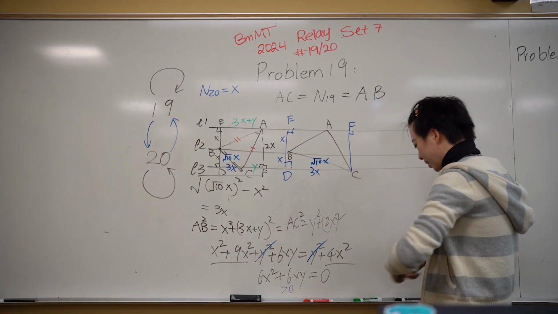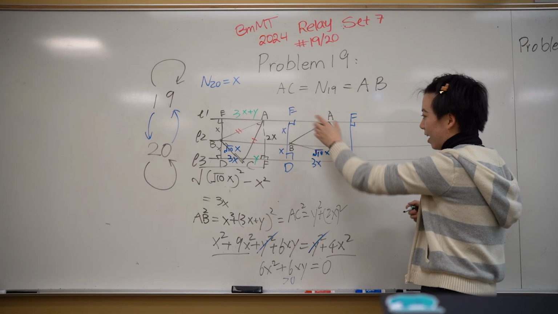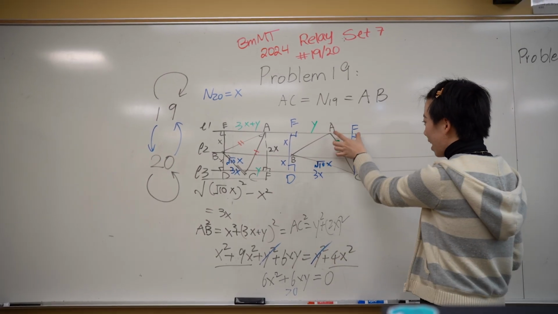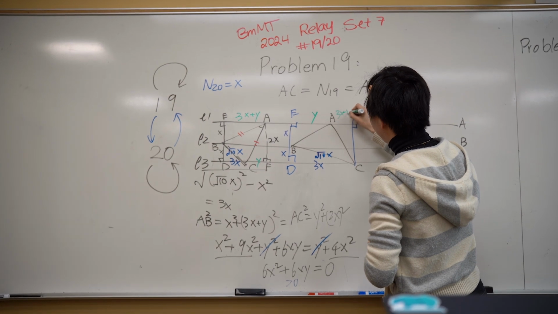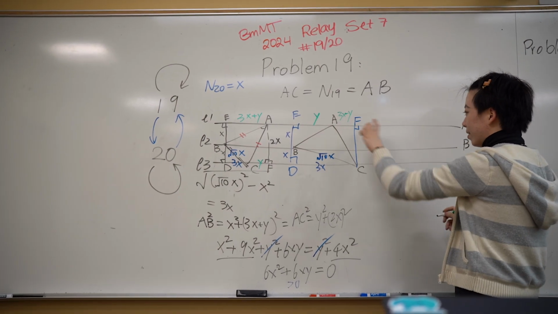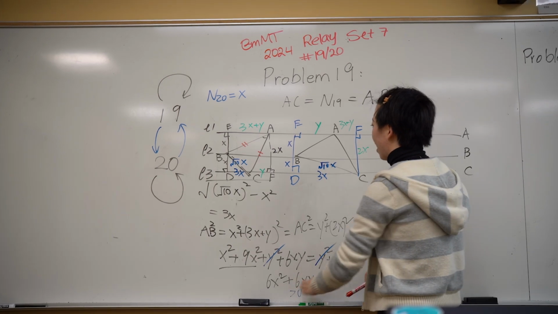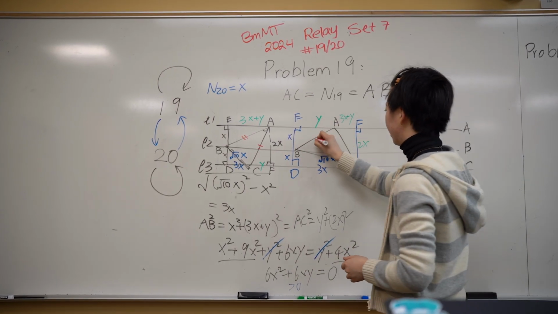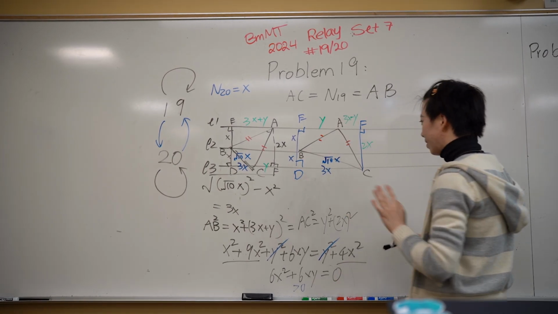Now in this case, instead of letting CF equal y, let's let AE equal y. So that means our AF is going to be equal to 3x minus y, and our CF should still be 2x. And we still have our condition AC equals AB, so these two line segments are still equal to each other.